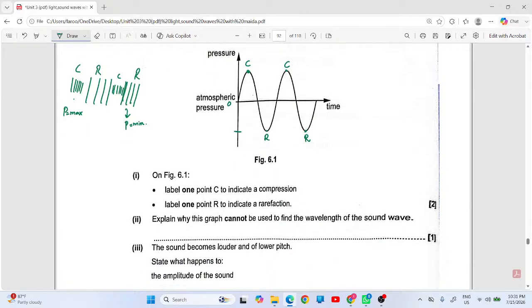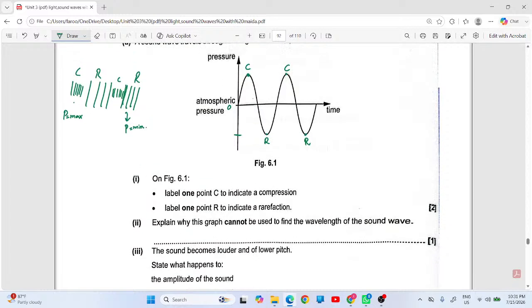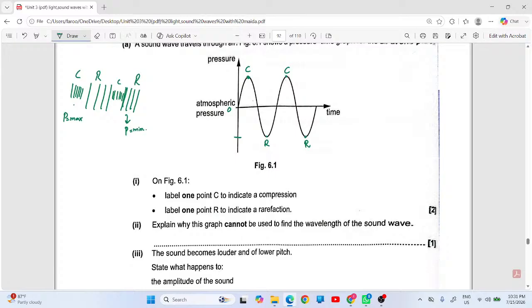Explain why this graph cannot be used to find the wavelength of the sound wave. Because in this graph pressure varies with time, not with displacement.